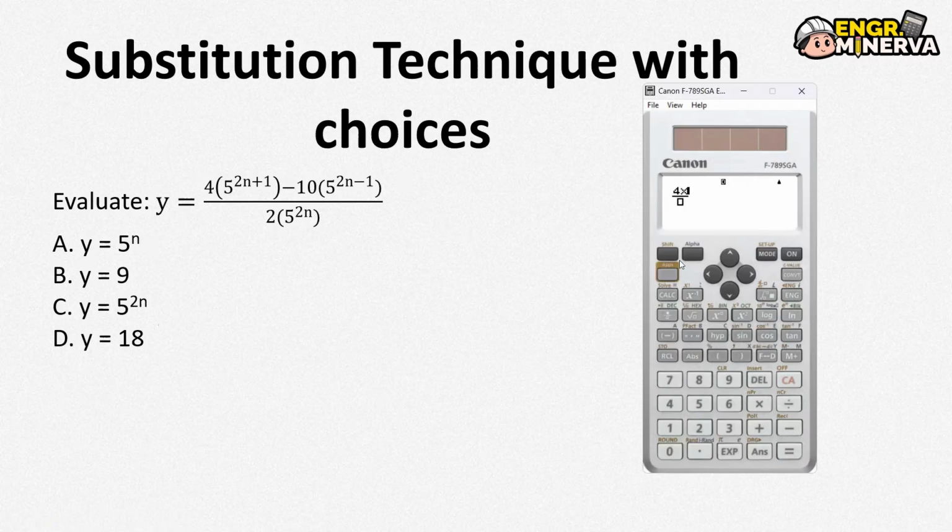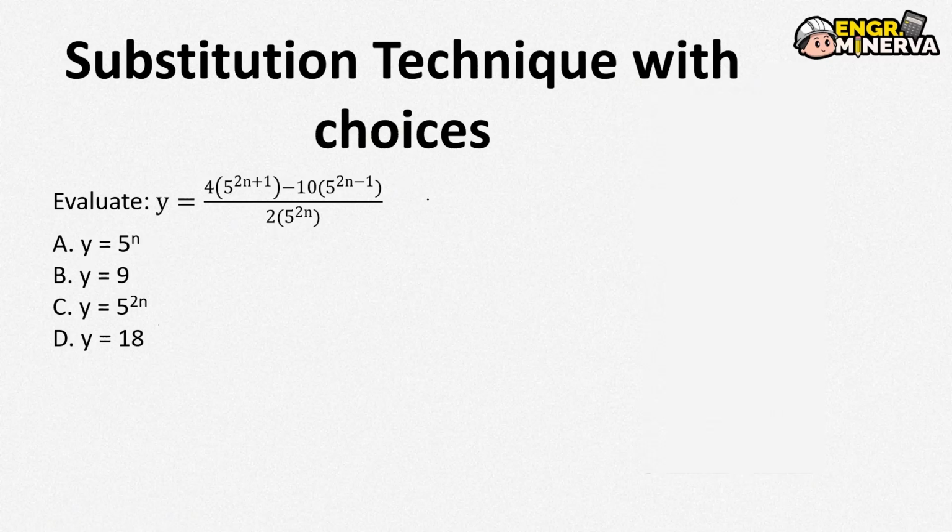We'll just use the same technique: 5 raised to 2x plus 1, minus 10 multiplied to 5 raised to 2x minus 1, divided by 2 times 5 raised to 2 multiplied to x. Then press calc. Again, 1.2. Take note of the value. That is 9, by using a value of x as 1.2.